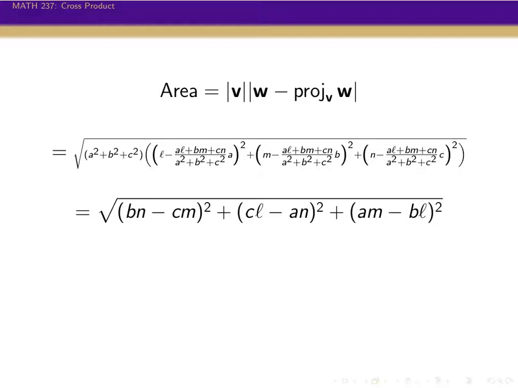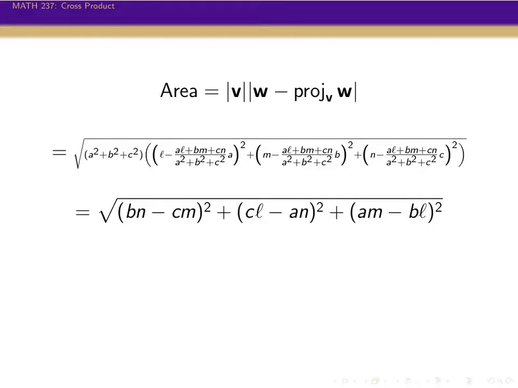No, actually this takes a fair amount of algebra, which I have swept under the rug. But this is what you can get by working this out. This all will simplify down to this nice formula right here. But if you look at this, Bn minus Cm, that looks familiar. Cl minus An, that looks familiar. Am minus Bl, that looks familiar too.